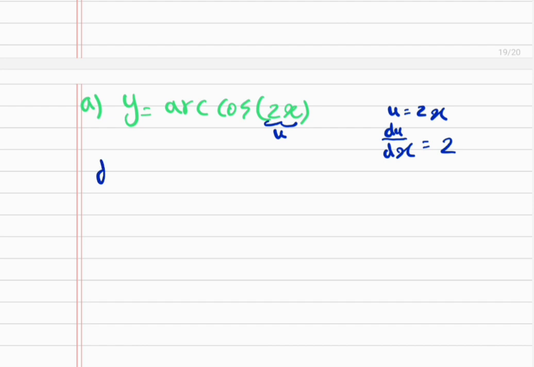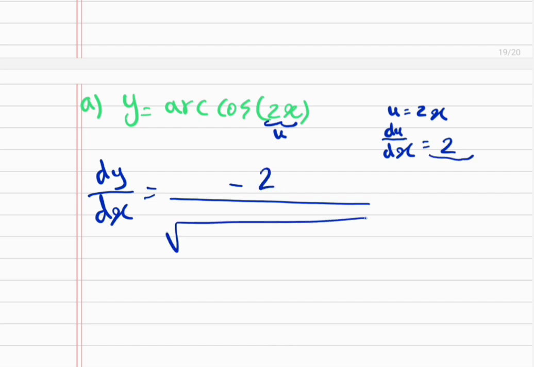So for the derivative of the arccos, on the numerator we have minus the derivative, which is minus 2. And in the denominator, we have the square root of 1 minus the function squared. The function is 2x, so (2x) squared. We can just write it like this, or 4x squared, whichever you prefer.